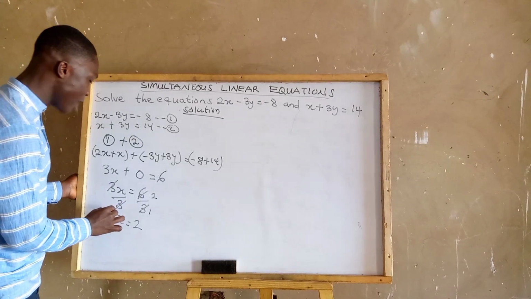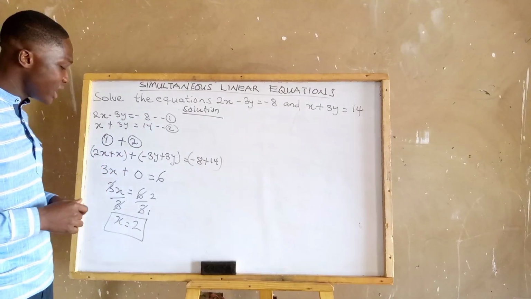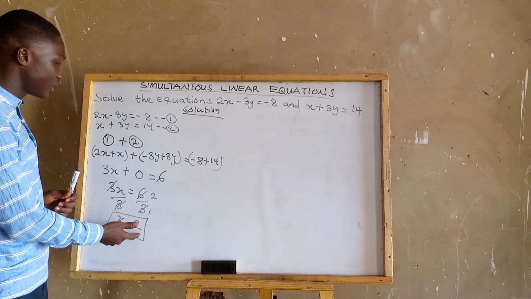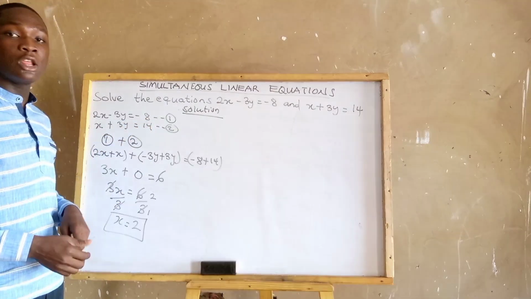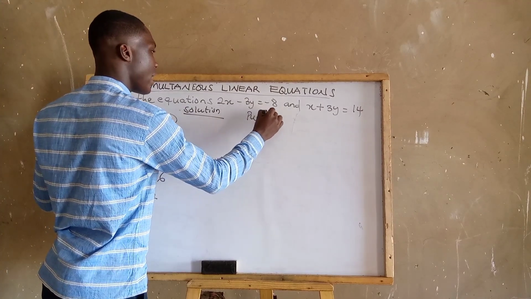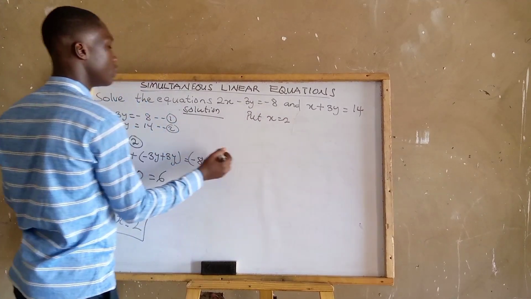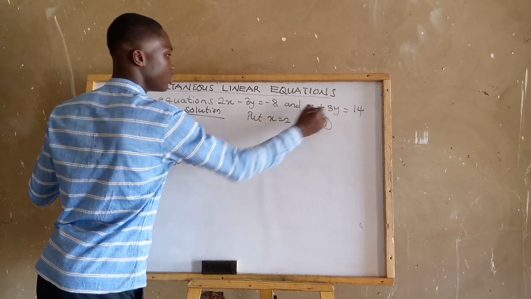We can put x is equal to 2 into any of the equations. So either you can put the value of x into equation 1 or equation 2 to find the value of y. So now let's put x is equal to 2 into equation 1.